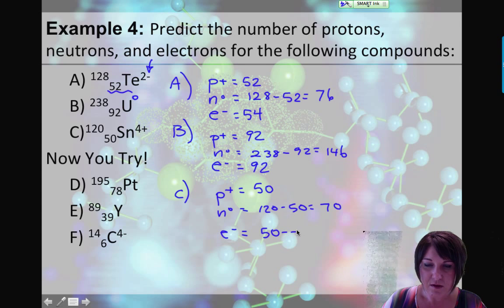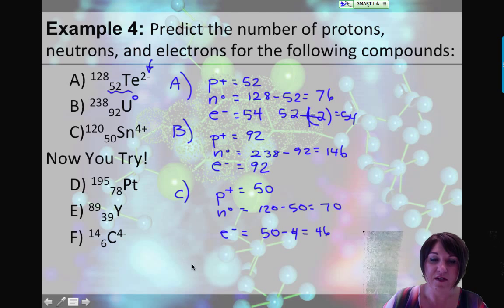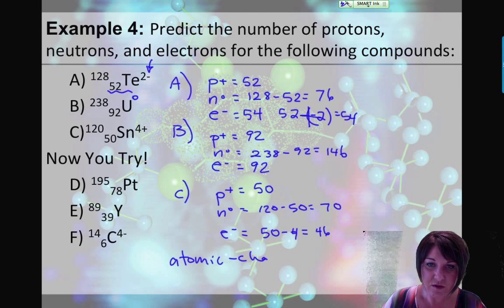So subtract my electrons away because I lost 4 electrons, lost 4 negatives, that gives me 46 electrons. So atomic number minus charge, if you're careful with signs, will give you the number of electrons.